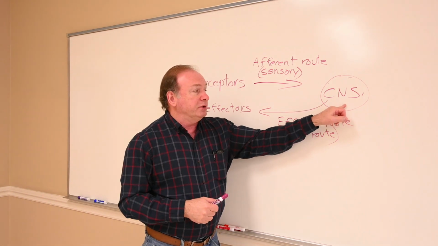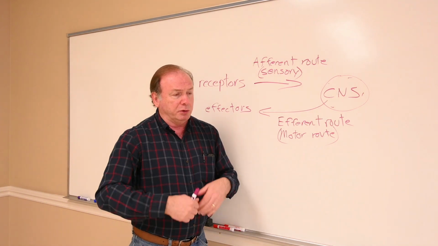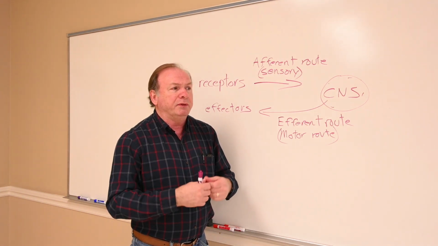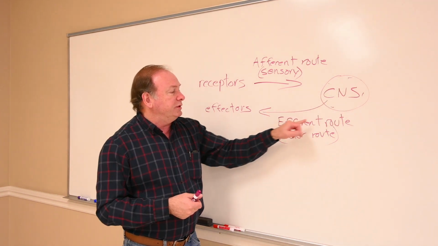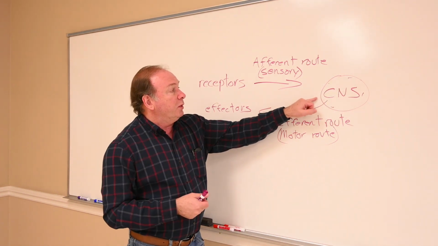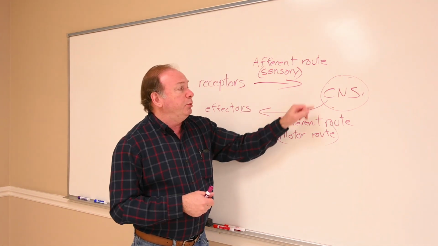You can do things generated from your central nervous system on its own. So you can have thoughts and reflexes and events that originate here in the central nervous system and go out to the effectors without responding directly to any particular sensory input.